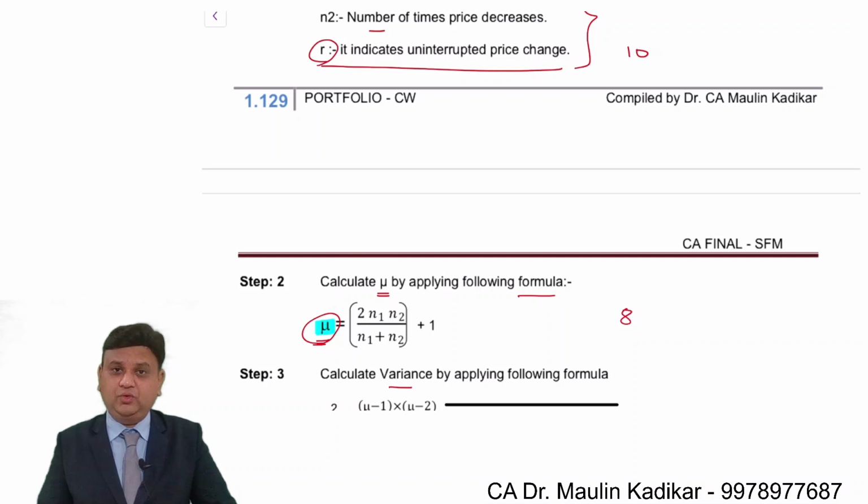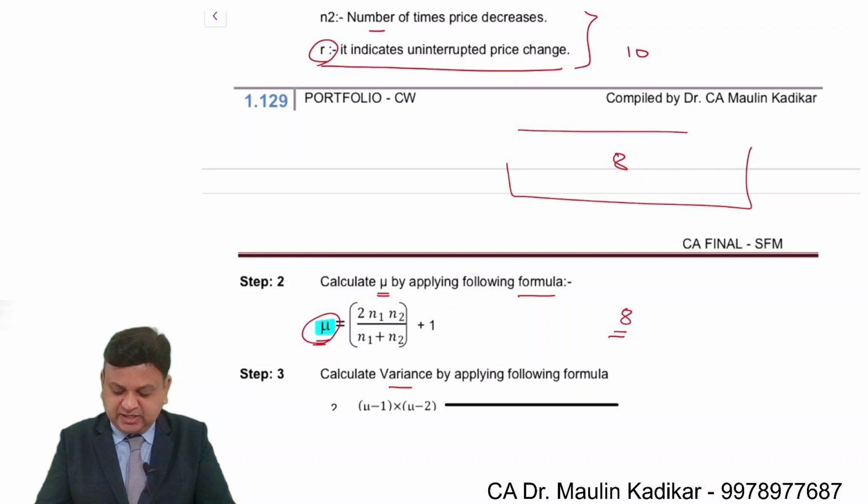The answer is no. The theory says that ideally it should be 8. But if it is not exactly 8, it is okay. It should be within some range from 8. Let us say it should be in the range of 6 to 12, or in the range of, let us say, 6 to 10, something like that.